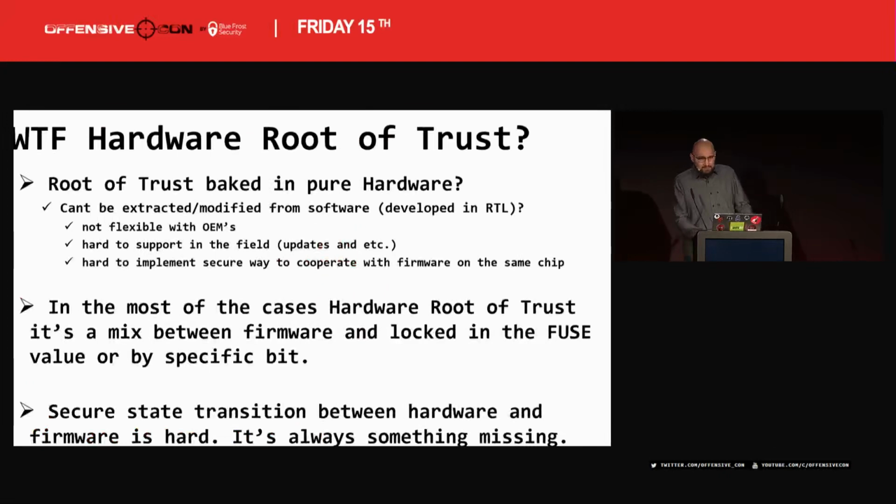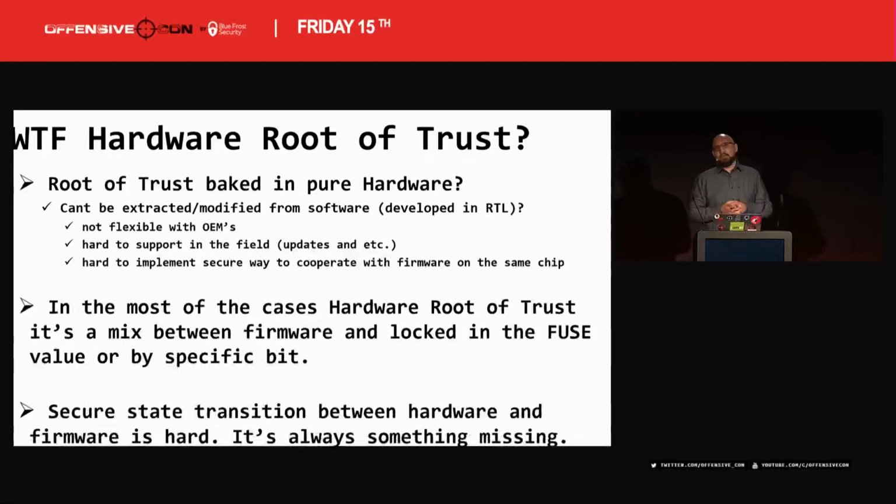Let's start. Hardware root of trust is hard because it's really hard to support after the vendor bakes it into silicon or RTL, so it can't be updated. And for OEMs, it's very, very hard to support devices in the field, not only x86 devices, any devices.